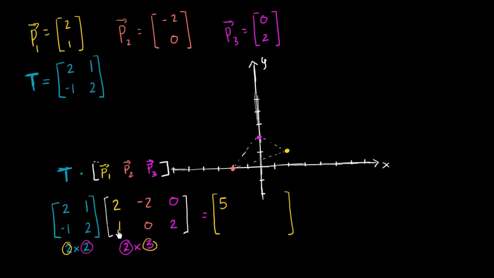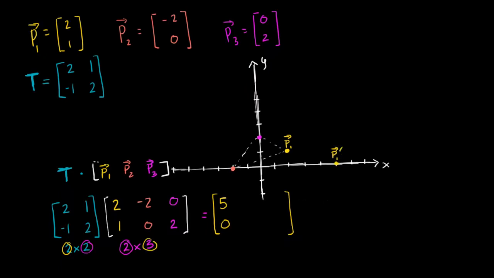That's -2 plus 2, which is 0. So we already see it transformed 2, 1 to 5, 0. 1, 2, 3, 4, 5. So if we consider this P1, we consider this P1 prime, P1 after our transformation.